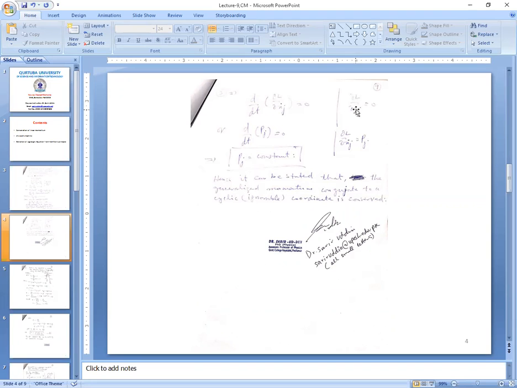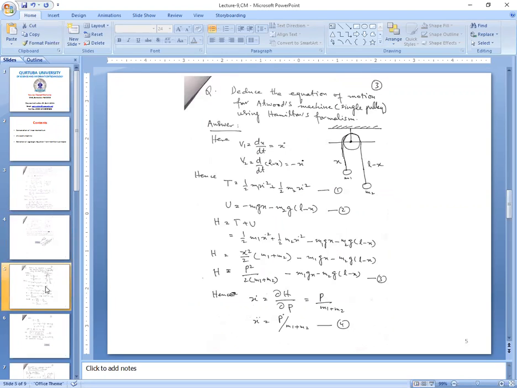Also you can do it in this manner, or you can write force for this term, and when force is equal to 0, then this term is also equal to 0, and it shows that pj is equal to constant.